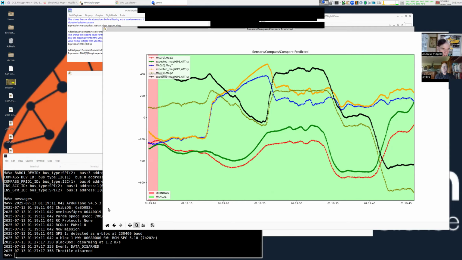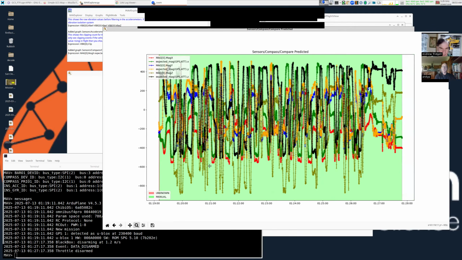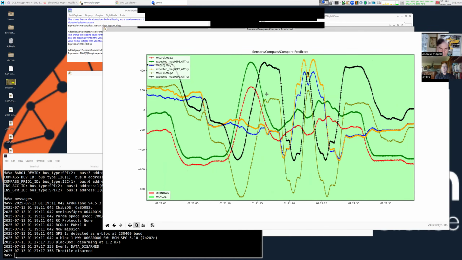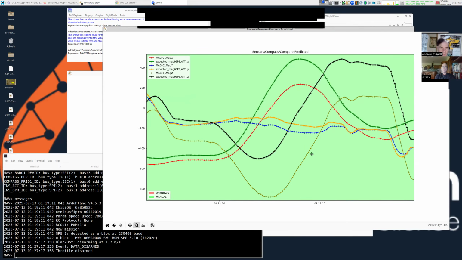And if we have a look at later parts of the flight, we will see some where it's even more dramatic, right? Where the expected Z field down here was about 500 milligauss, and what we're actually seeing is 860.